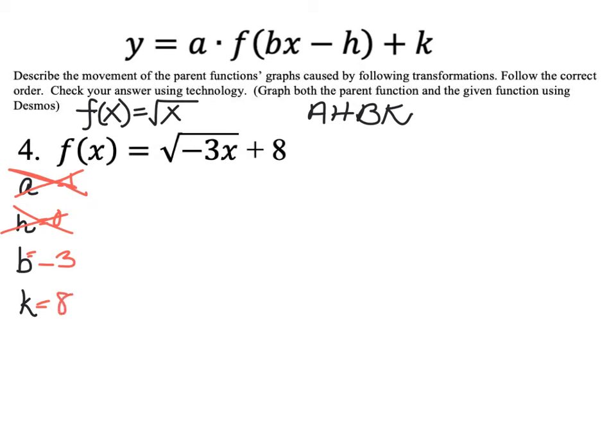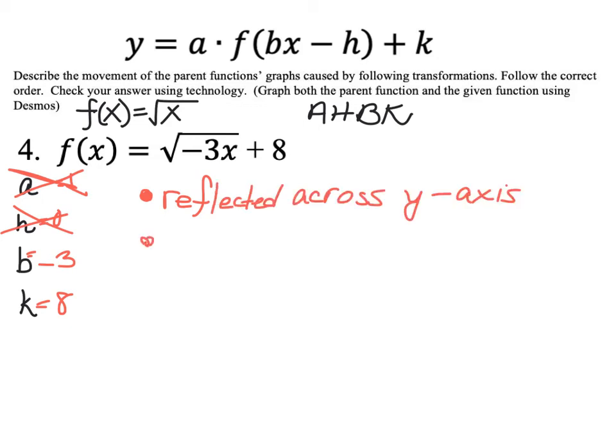So because it's -3, there's really two things I need to state here. First, I'm going to talk about the fact that it's negative, which means I have a horizontal reflection. So I'm going to say that it is reflected across the y-axis. And then the fact that it's 3, again, counterintuitive. This is where it's either stretched or shrunk.